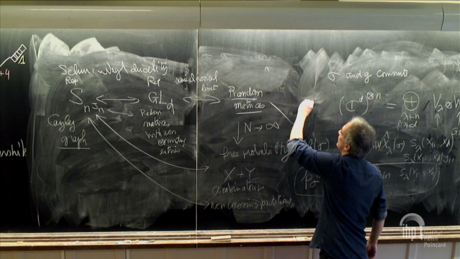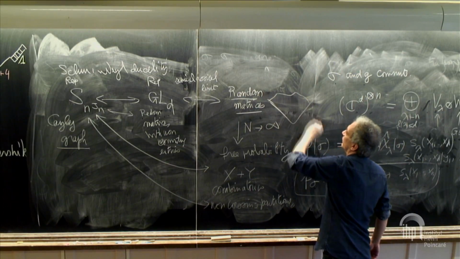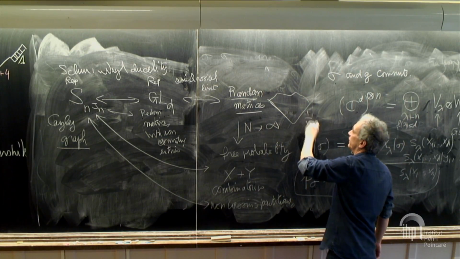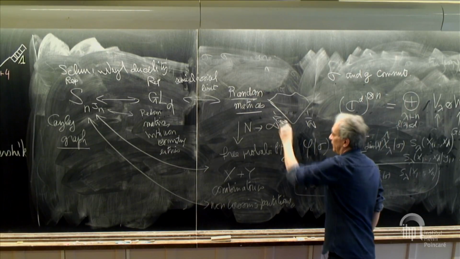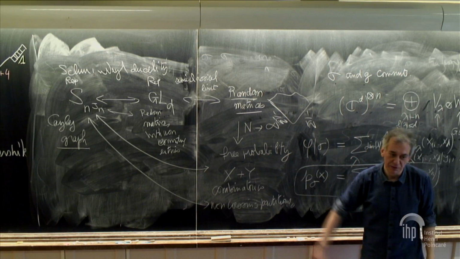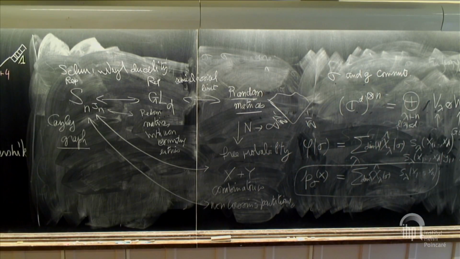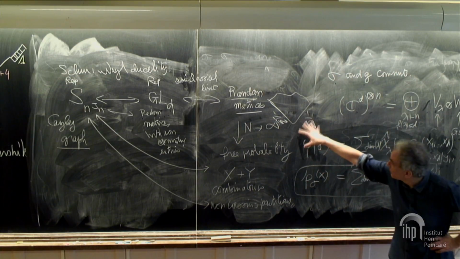We will scale a diagram by 1 over square root of n in each direction, and we'll see that free probability will appear from that scaling. It will be very different from the Thoma theory, which was the law of large numbers. In some sense, this is the second order asymptotic.